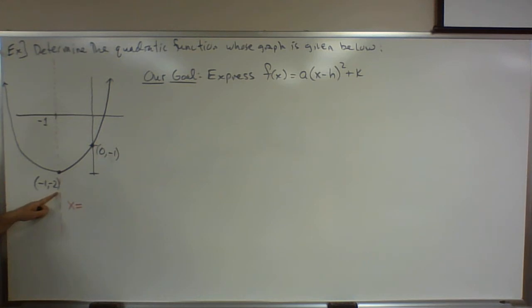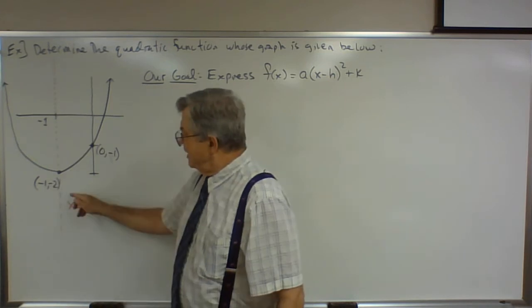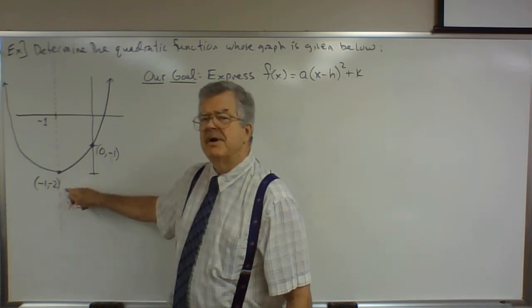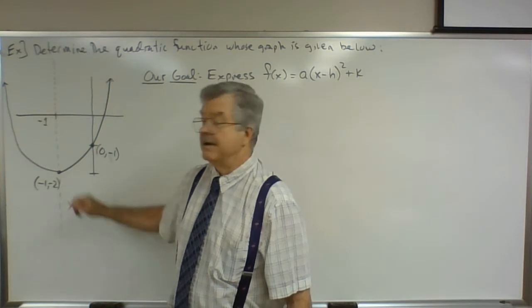This line goes right through the point (-1, -2). And on a vertical line, the x-coordinate of every point is the same as the x-coordinate of every other point on that line.